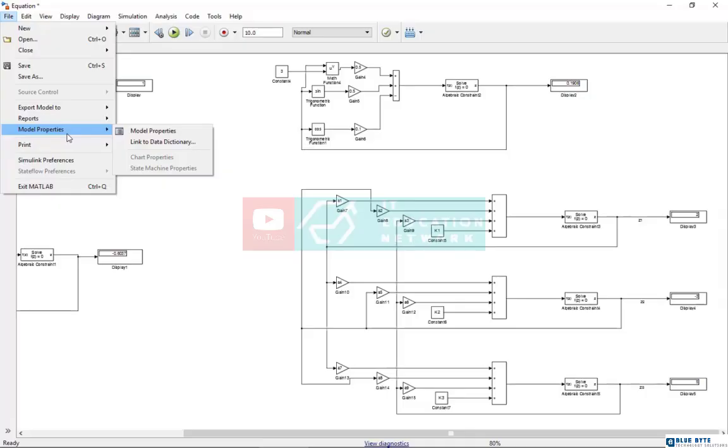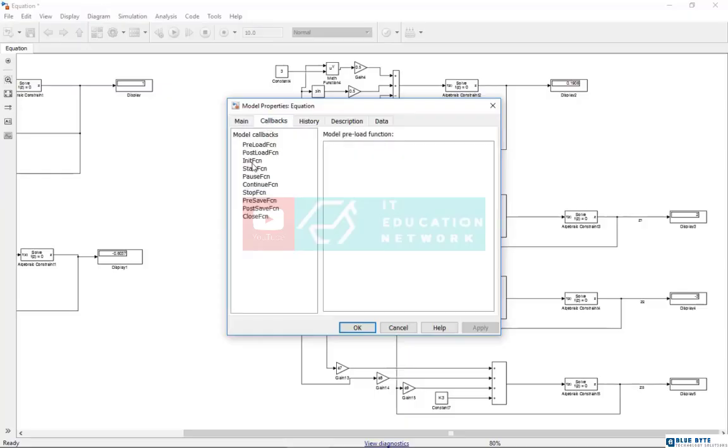We go to the model properties and I go to the callbacks and initial function. A1 is 2, A2 is -3, and so on. I enter the parameters.